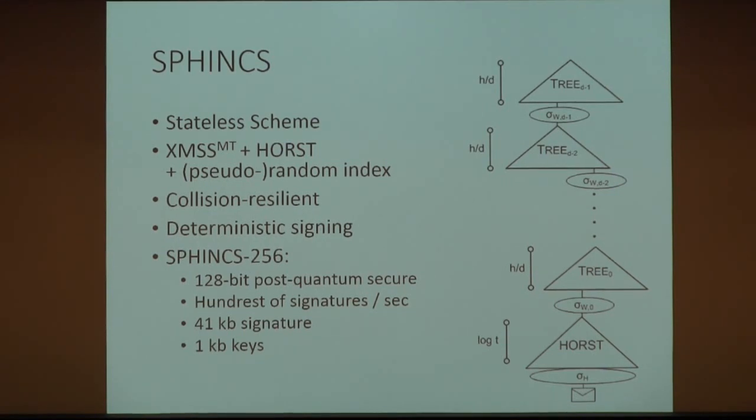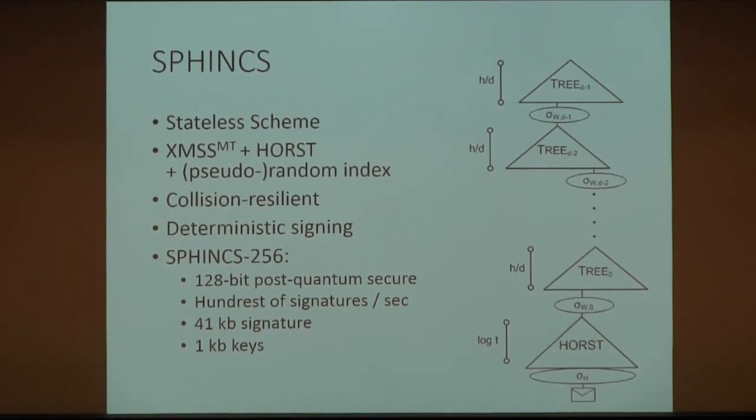And then, the product of the collision probability of these index selections over time and the success probability of an adversary against forging a few-time signature after seeing a certain number of signatures was balanced out such that this is always negligible. And so the whole scheme is designed in a way that all is collision resilient.